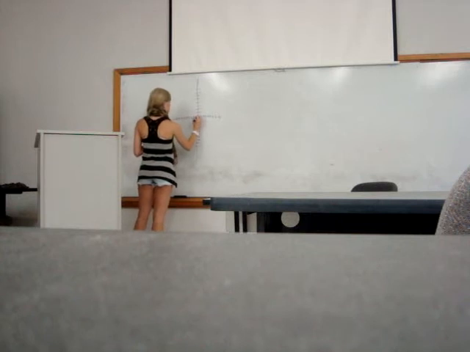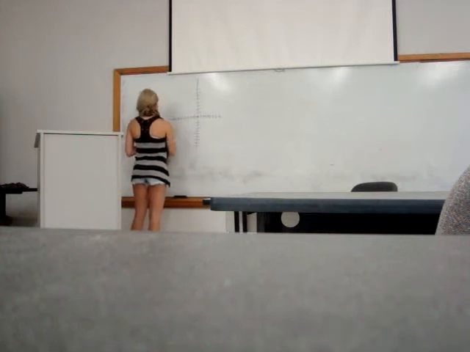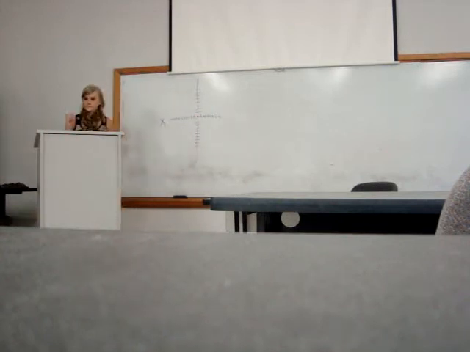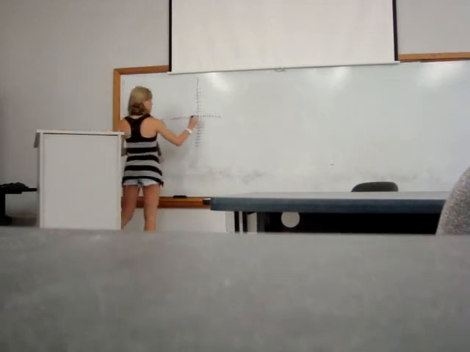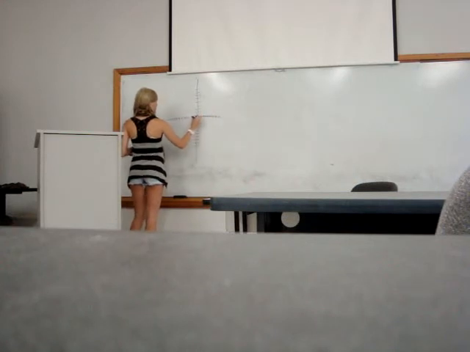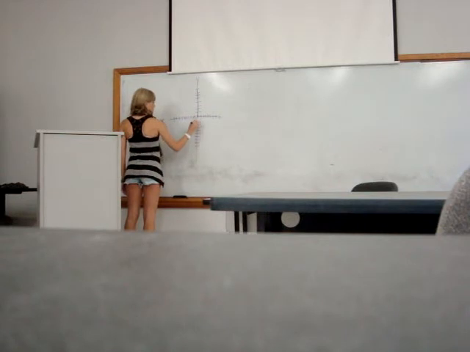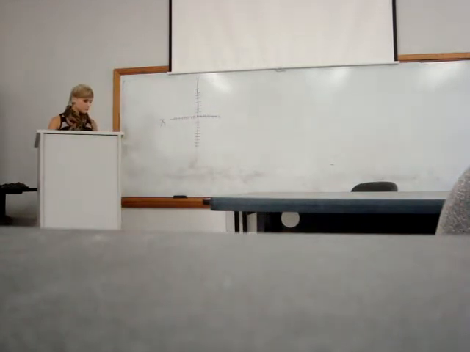Positive x values are to the right of the origin, so these are going to be our positive x values, and positive y values are above the origin, so these are our positive y values. So then this would be our negative y values or our negative x values on the graph. Is everyone okay with this right now? Great. So for the y coordinate, we learned that the positive is above and the negative is below the origin.